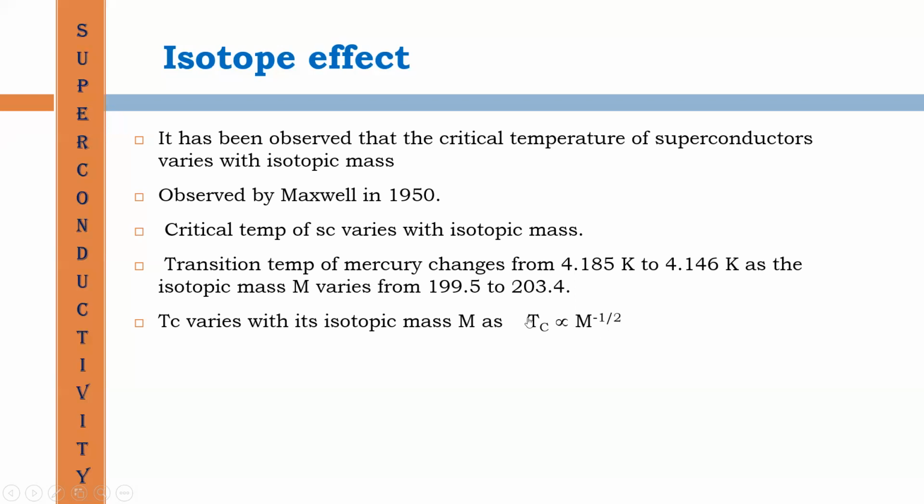It is a similar one: Tc proportional to m raised to minus half, or we can write it as Tc times m raised to half is equal to a constant. This is also an important equation.